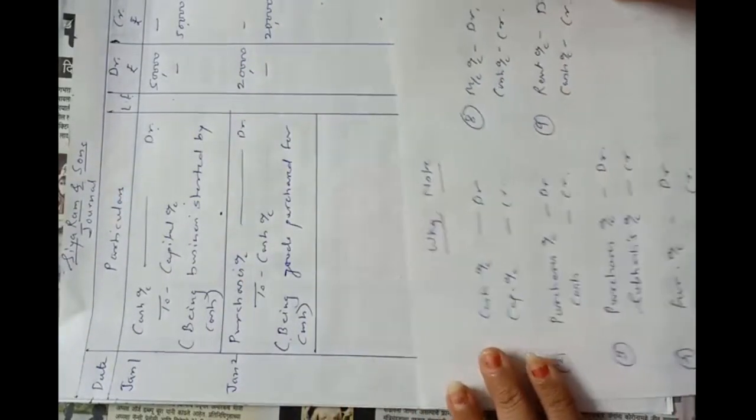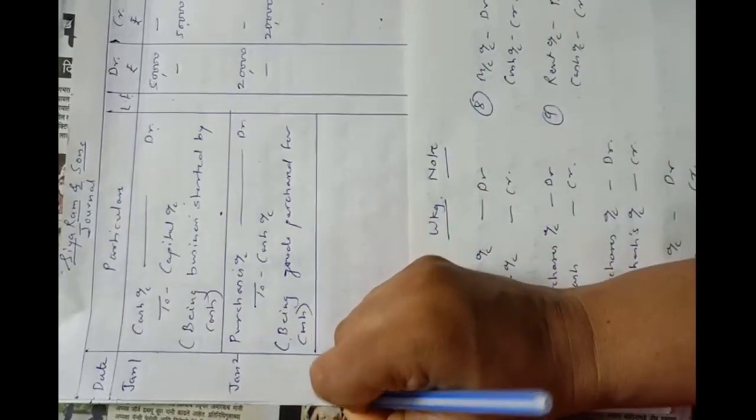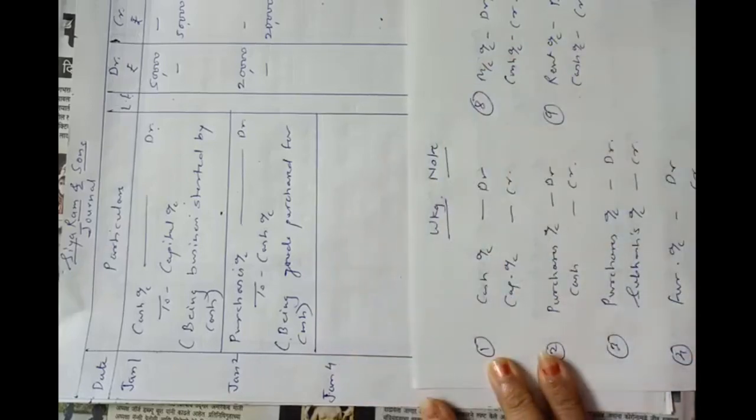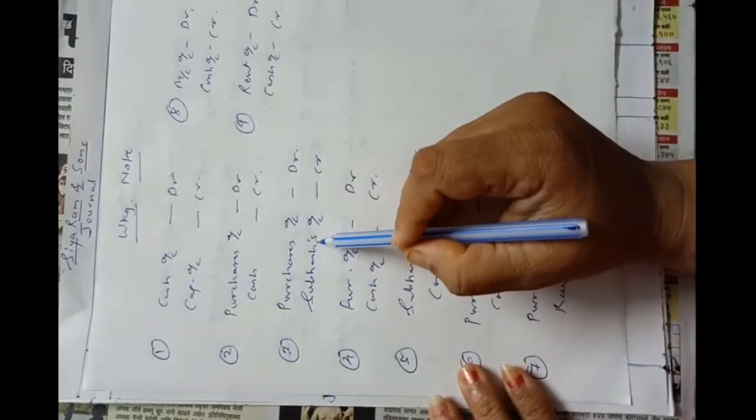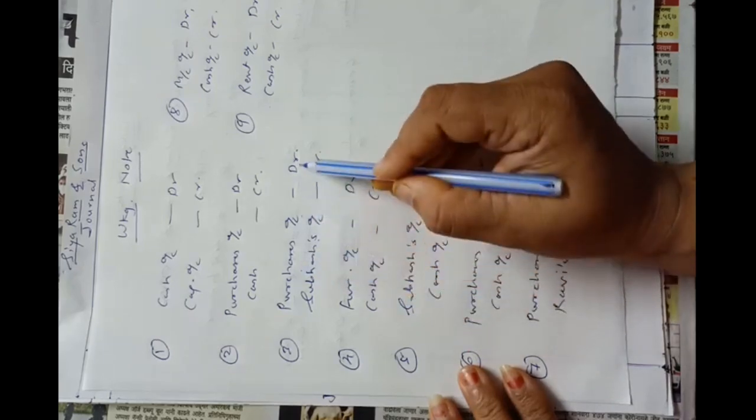Now the next entry, see the date, January 4th. The entry is purchase goods from Subhash. Purchase goods from Subhash is a credit transaction, so purchases account will be debited, Subhash account will be credited.